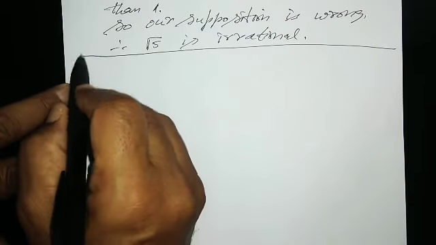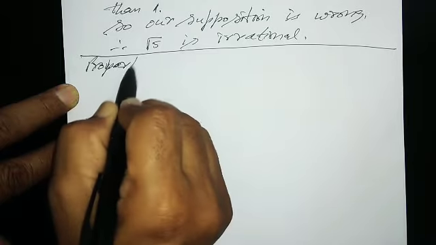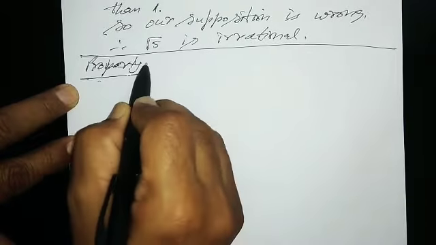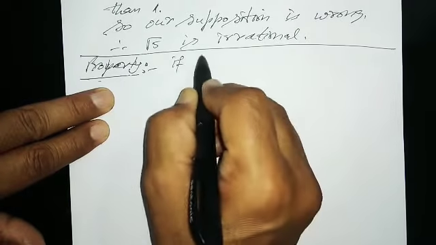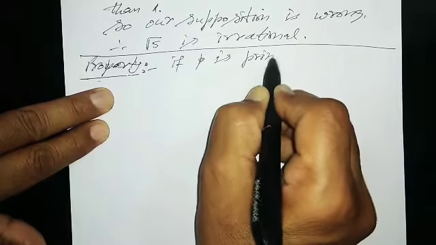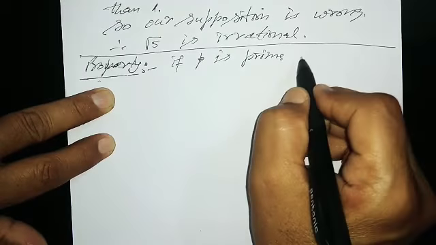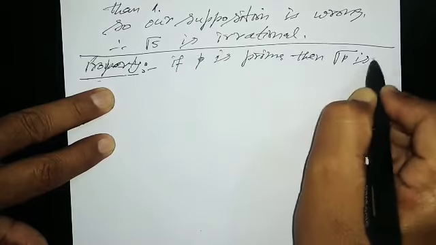We will prove a property which can help us in many questions. If p is prime, then root p is irrational.